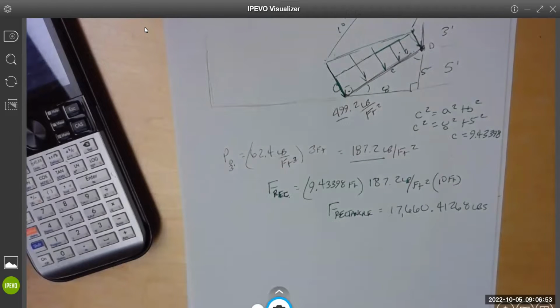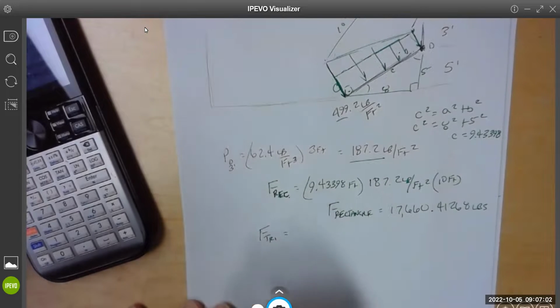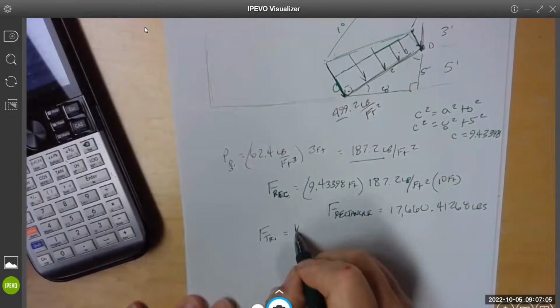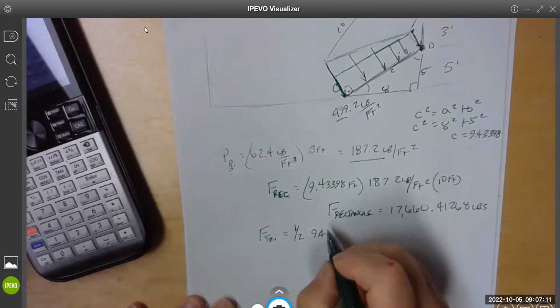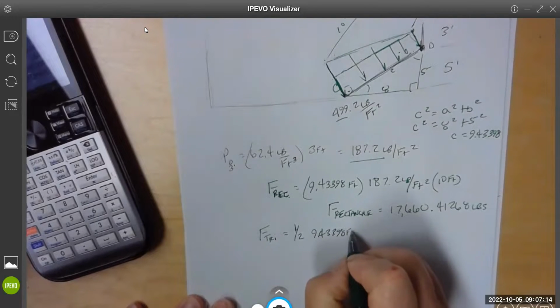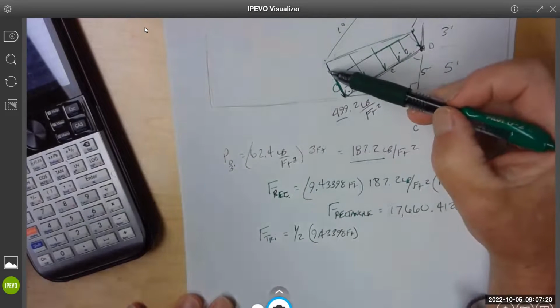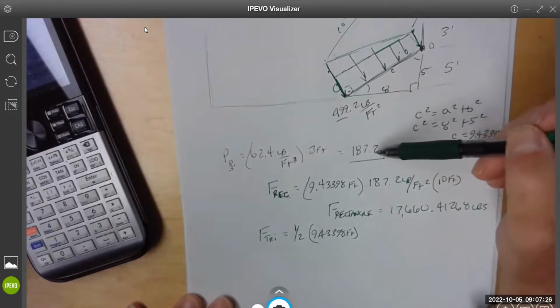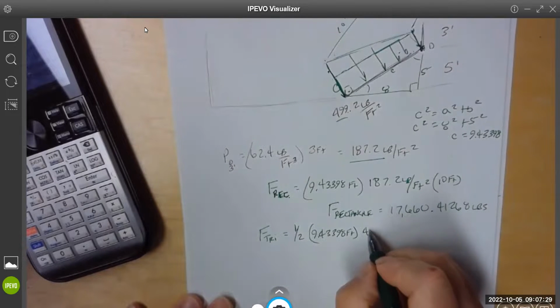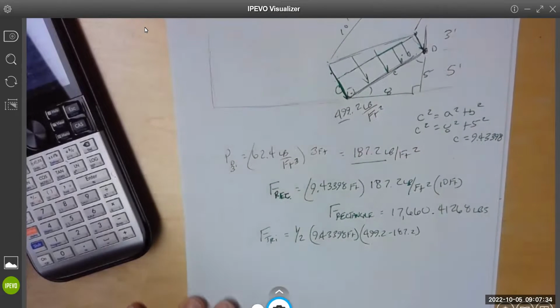then I can do the same thing with the triangle and just add these two together. It doesn't give me the location, but it does give me the total force. Force of the triangle. That's going to be 1/2 the base, which is 9.43398 feet, times the height, and I need this new height of just the triangle. So it's not 499, it's 499.2 minus the 187.2. That's the height.